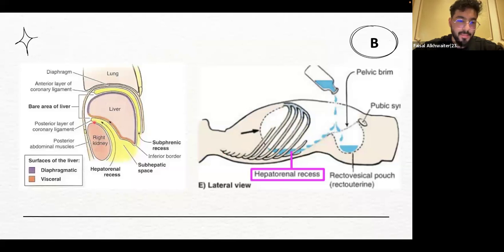The hepatorenal recess or the Morrison's pouch is situated between the liver and the right kidney. When you're supine, the fluid accumulates between the liver and the right kidney.